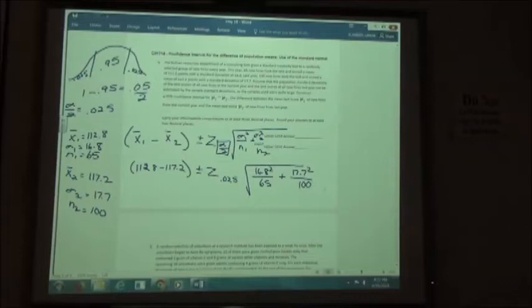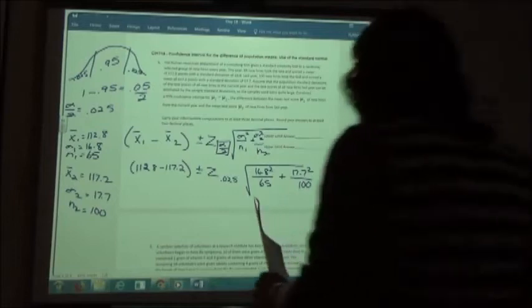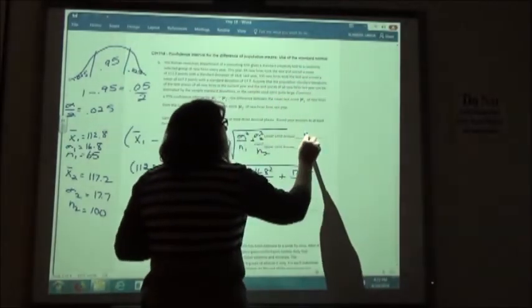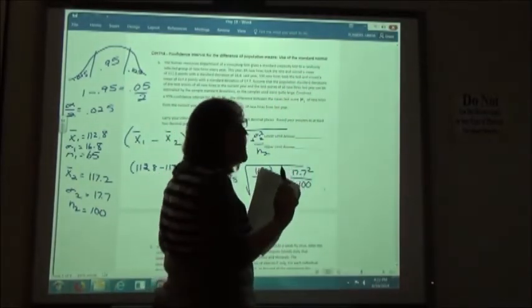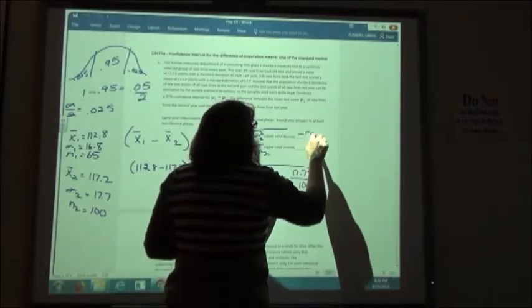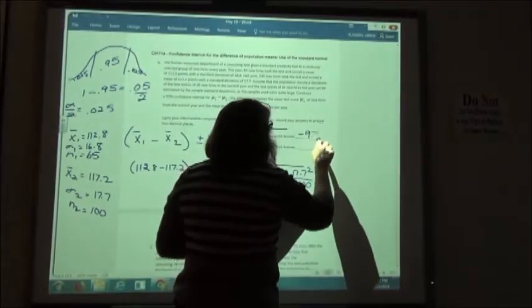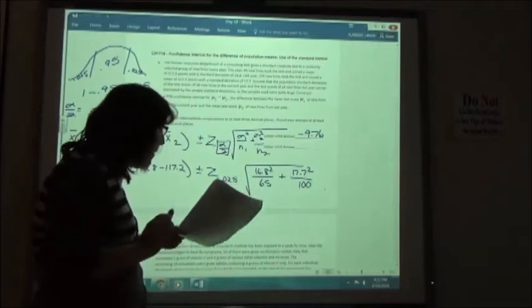And then we're going to have 17.7 squared divided by my 100. And hopefully when we hit equals, we get our two answers. So you'll have to go over to the left. My first answer to two decimal places is? Was that negative? Negative 9.76. Negative 9.76.